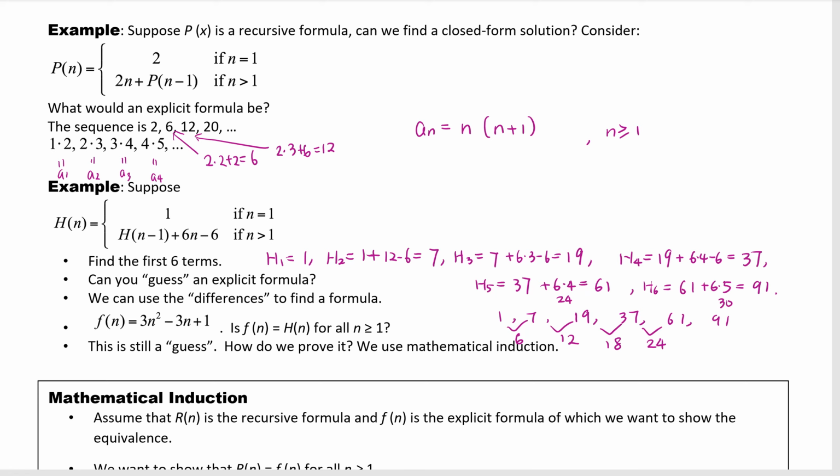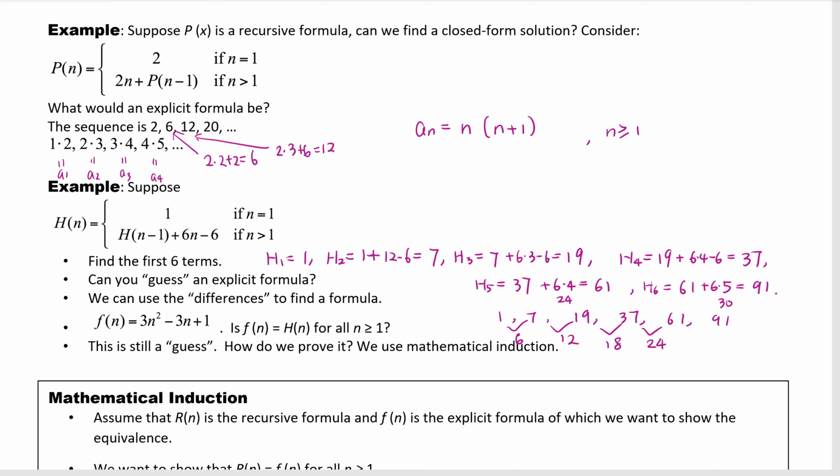And actually, the explicit formula is Fn equals, oh sorry, I should use H. So consider this function Fn equals 3n squared minus 3n plus 1. Is Fn equals Hn for all n greater than or equal to 1?